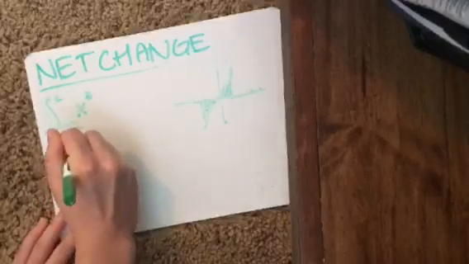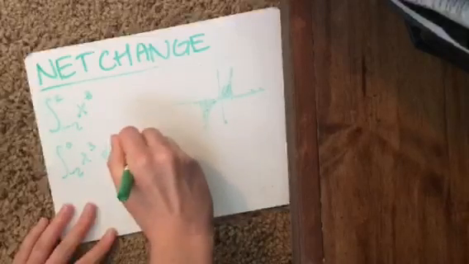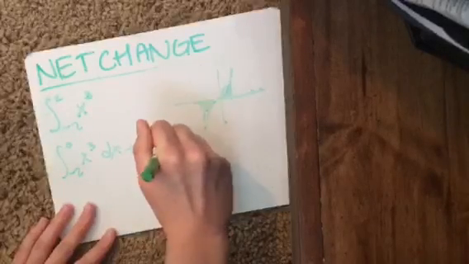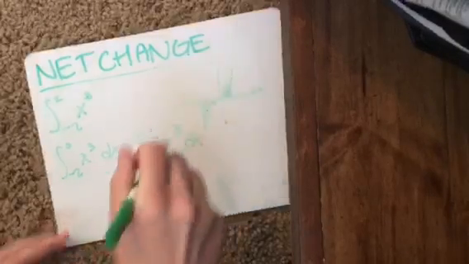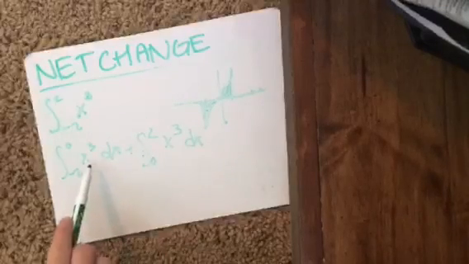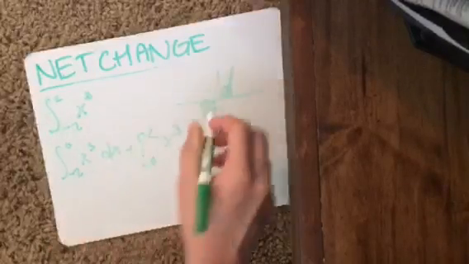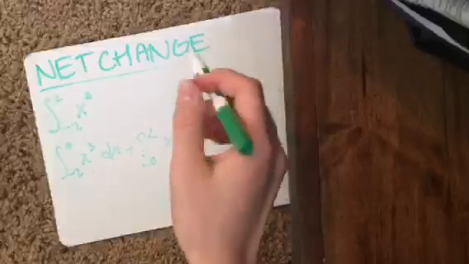So this is -2 to 0 of x cubed dx plus 0 to 2 of x cubed dx. This is equal to the negative of this. So since these are opposites, when you add them together, they're just going to equal 0. So if it's an odd function and you're going from -a to a, you're going to get 0, no matter what it is.